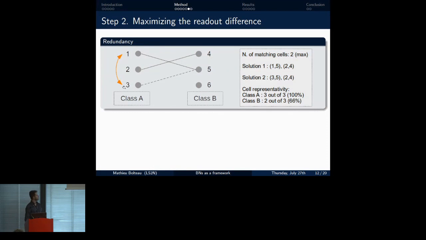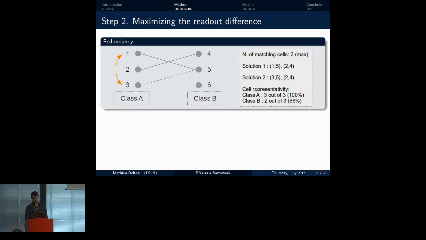These cells have the same Boolean vector for the k selected genes. So we have two solutions for our problem. The first one containing the matching cells 1, 5, and 2, 4. And the second solution containing the matching cells 3, 5, and 2, 4.